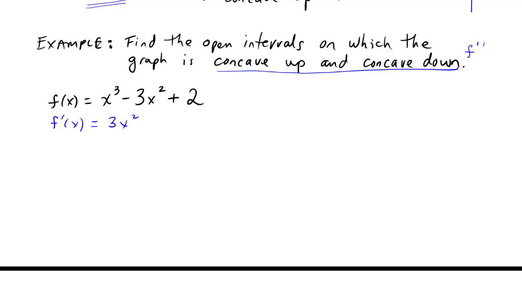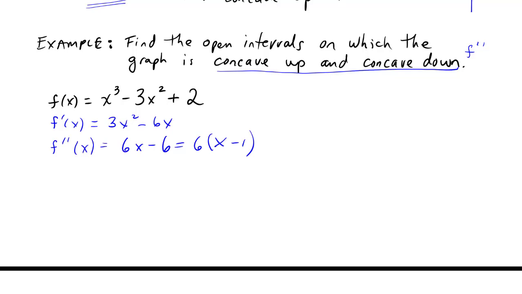So 3x squared minus 6x and then 0. And then we'll have to take the second derivative, 6x minus 6, which is 6 times x minus 1.